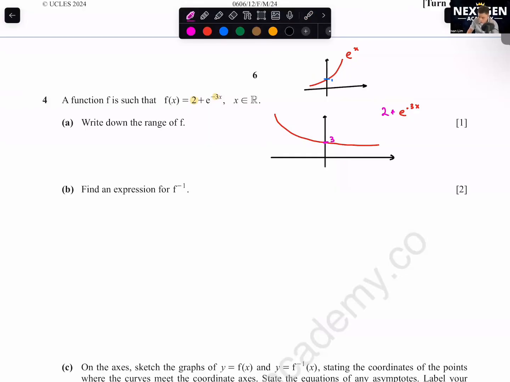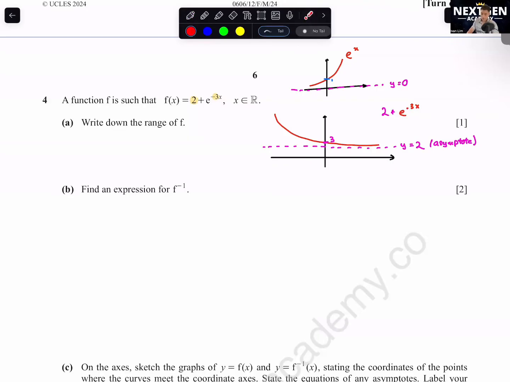The original asymptote is y equals 0; now my asymptote shifts up by 2, so y equals 2. Got it? Roughly draw this out first because you will need it for the next question.